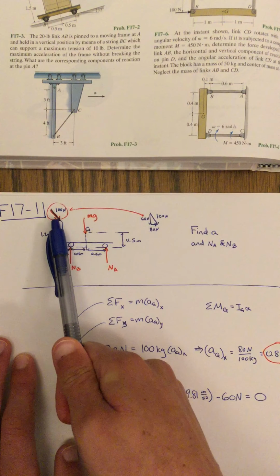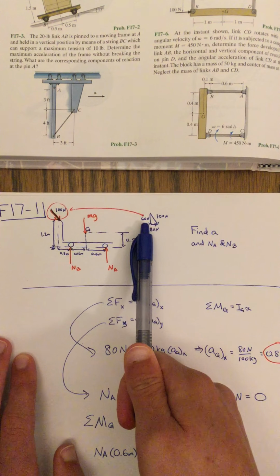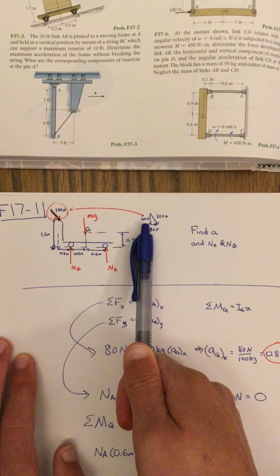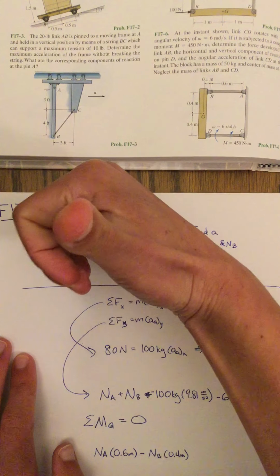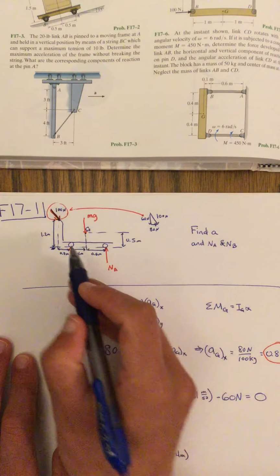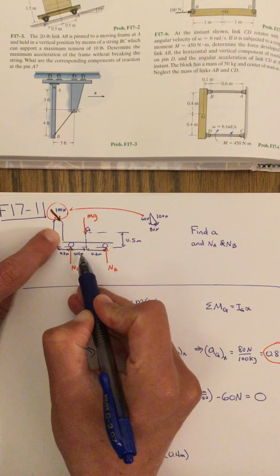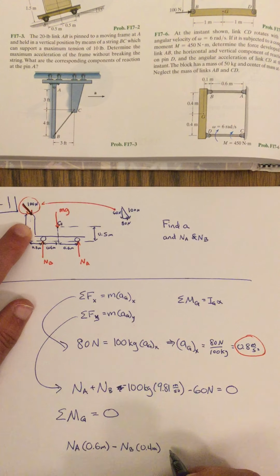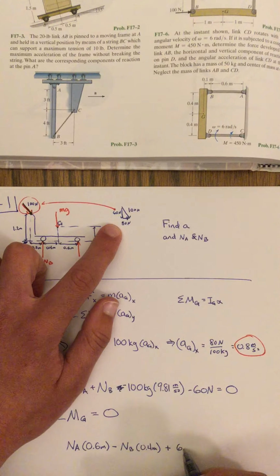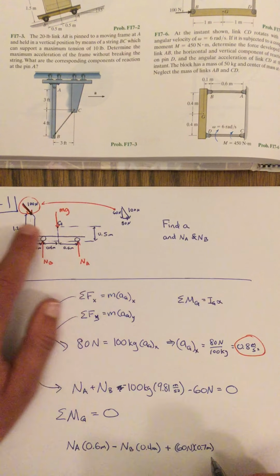And then this force has a vertical component and a horizontal component. If you look at the vertical component, that would cause rotation in the positive direction. And the distance in the x direction is 0.4 plus 0.3, which is 0.7. And this was 60 newtons downward. So that's plus 60 newtons times 0.7 meters.